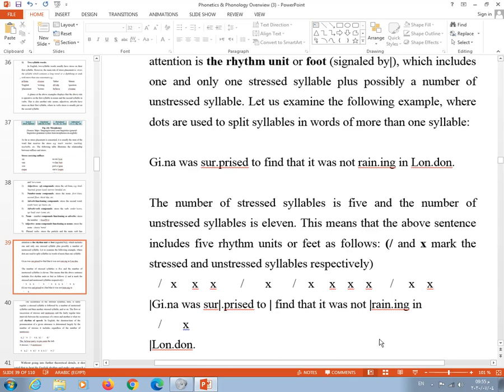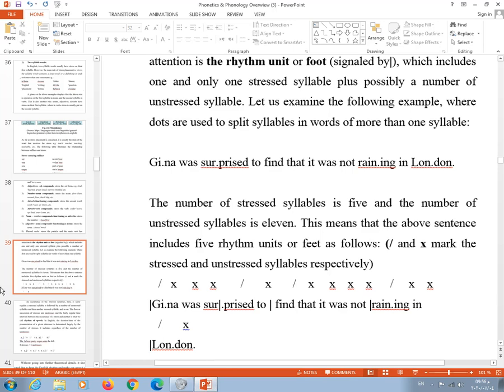On the other hand, other languages follow a syllable-timed rhythm, where the number of syllables in a sentence or an utterance determines how much time is given to its pronunciation. So if a sentence includes many syllables, this means that we must give it extra time during its pronunciation.